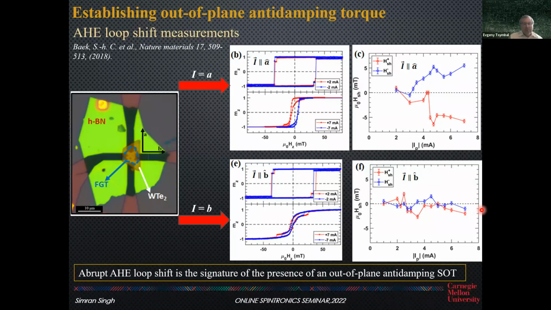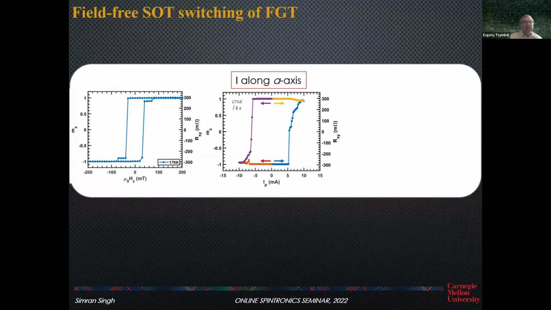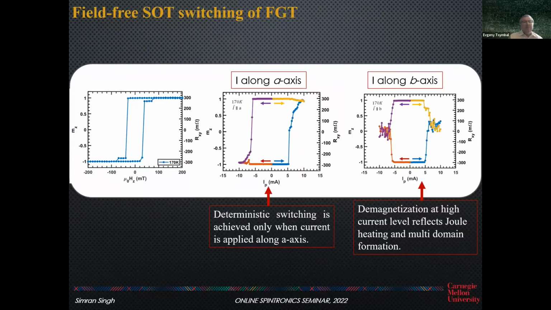But if you go to this slide, if you compare the current density which you need for switching to the current density which you need for demagnetizing, it's nearly the same current density. So I'm just wondering if the Joule heating is necessary to observe switching.